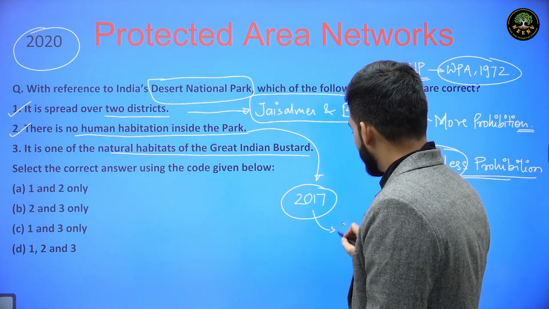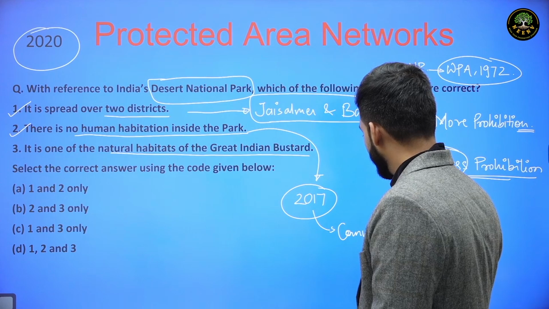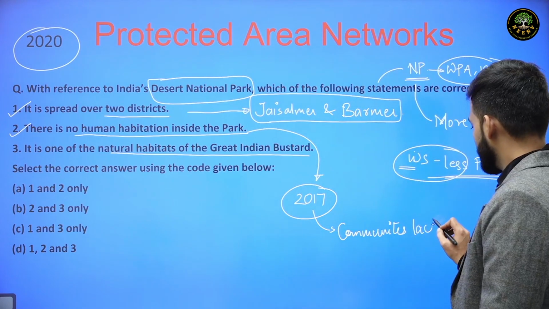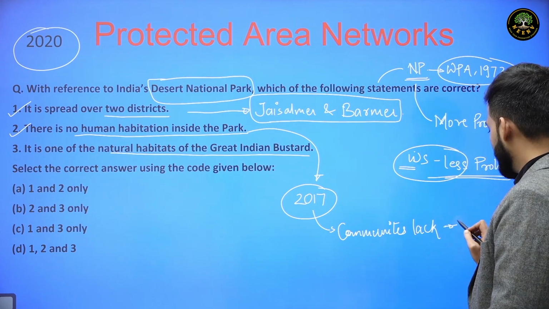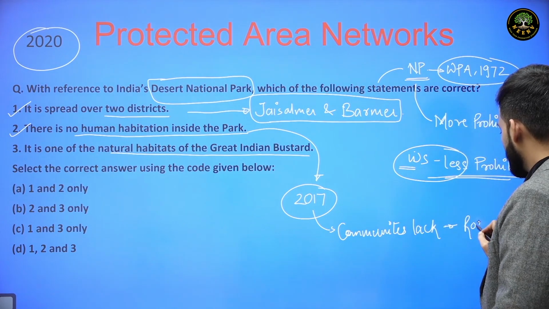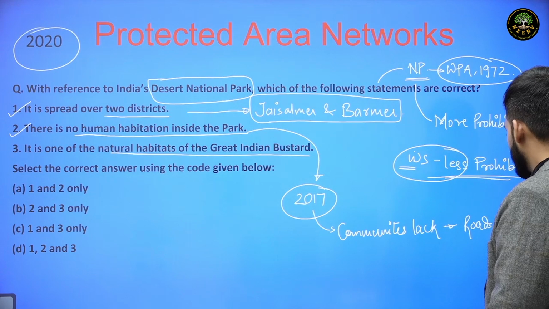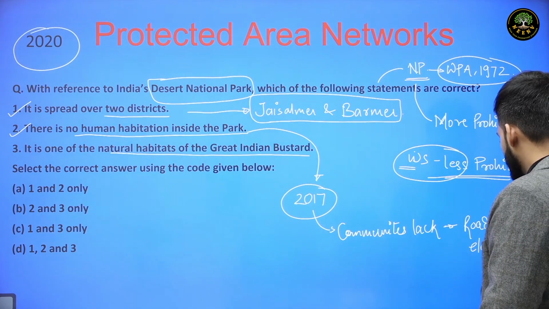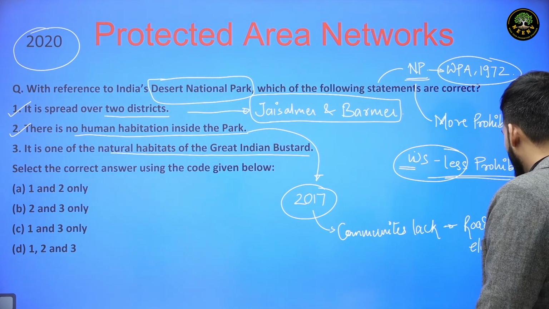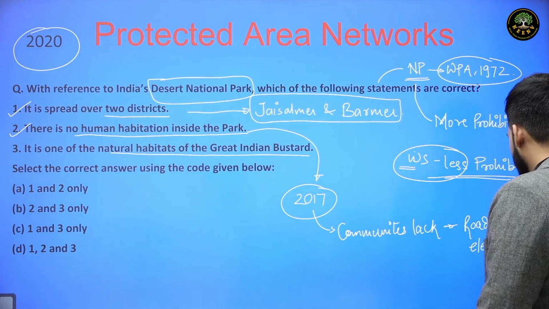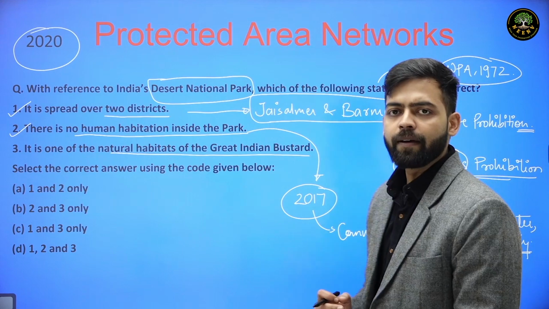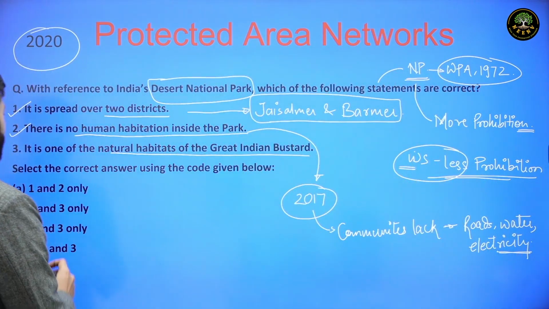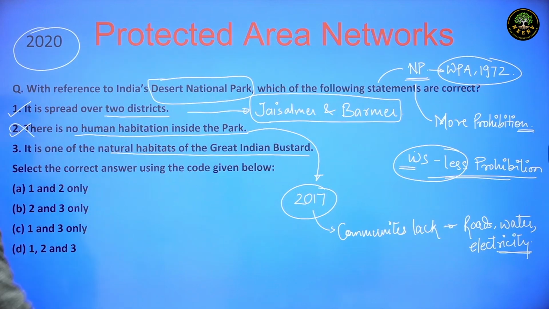That's why these communities lack basic amenities like roads, water, electricity. So the Supreme Court said that these should be provided to these communities. So this statement is incorrect.